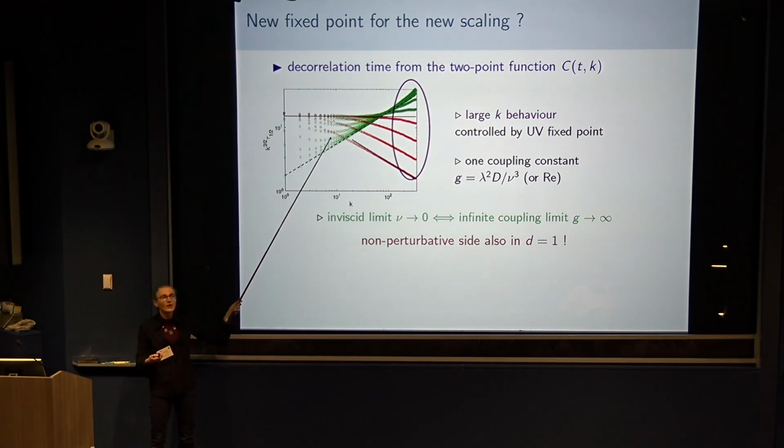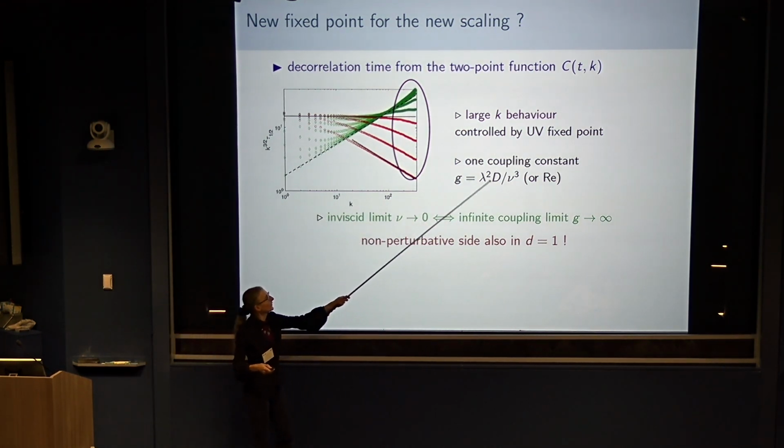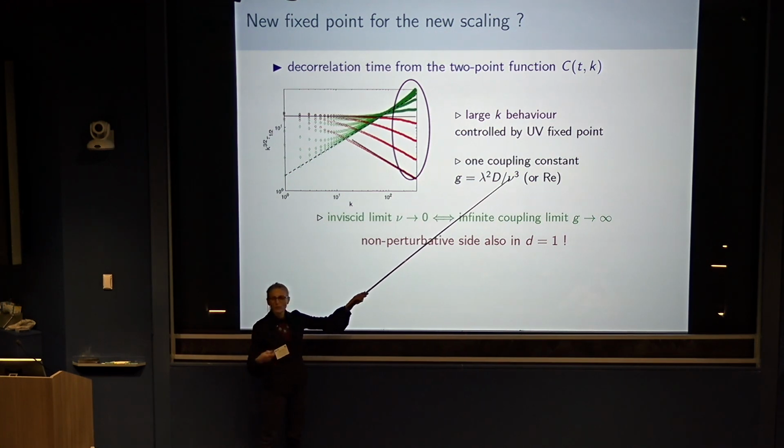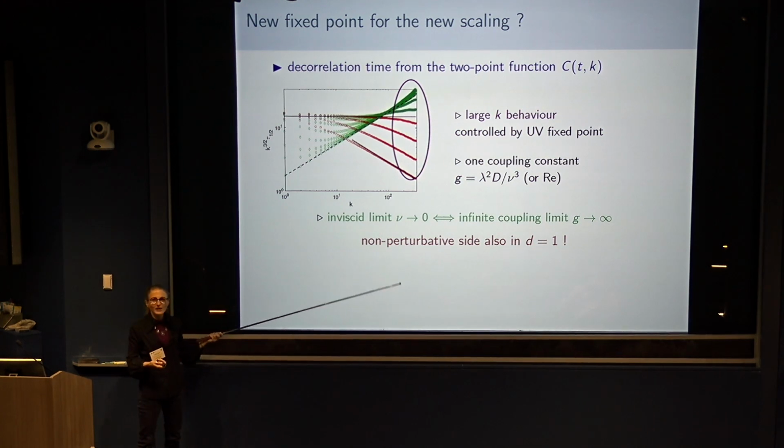So it means that it's not an IR fixed point. It's really UV. Okay? This is something that controls the large k. And in fact, you have only one coupling constant, so nu to 0 means g to infinity. And it's interesting that the non-perturbative side also arises in 1D.